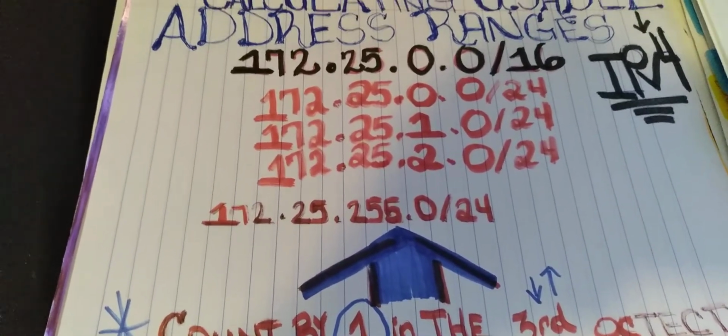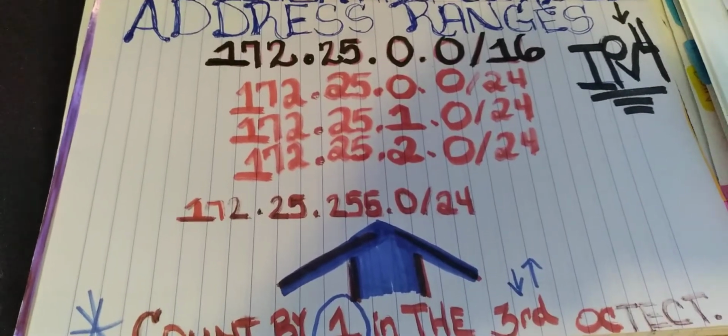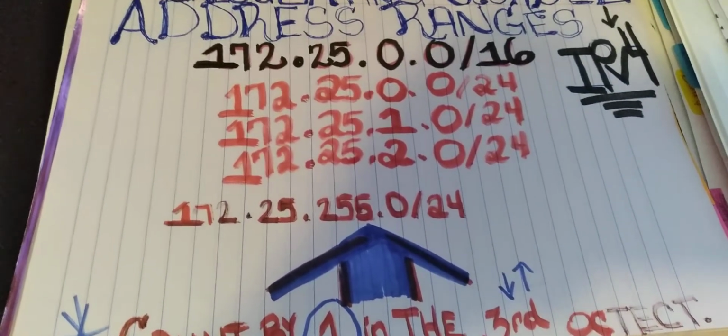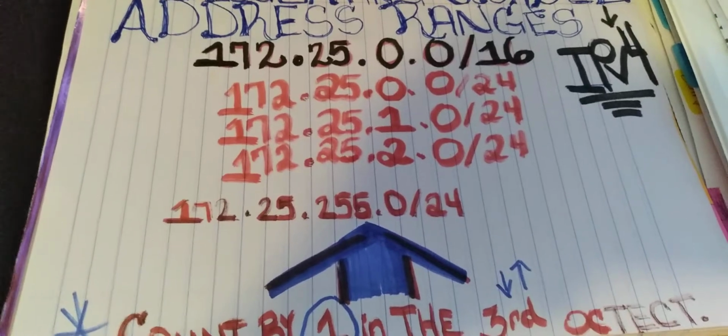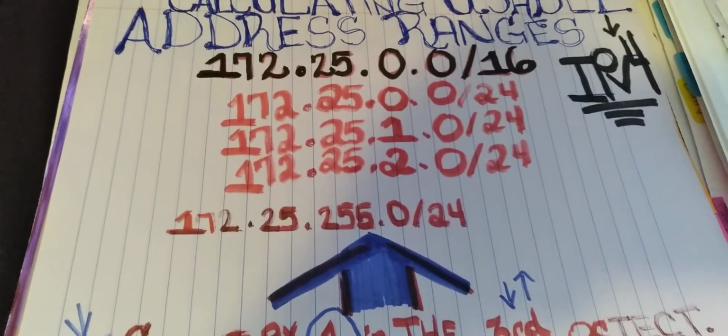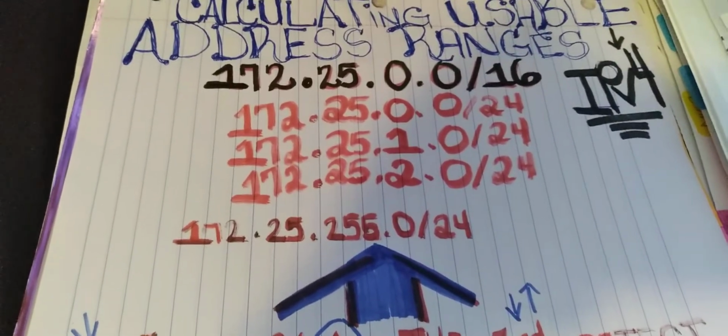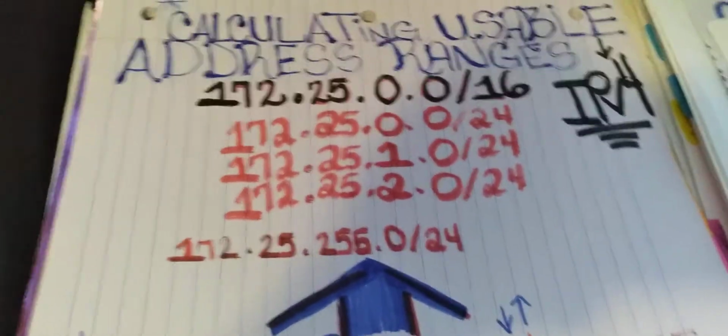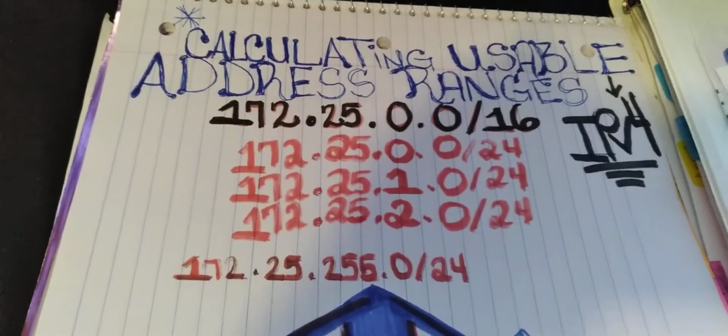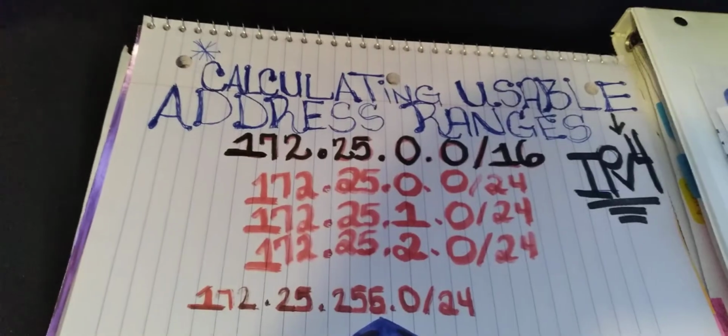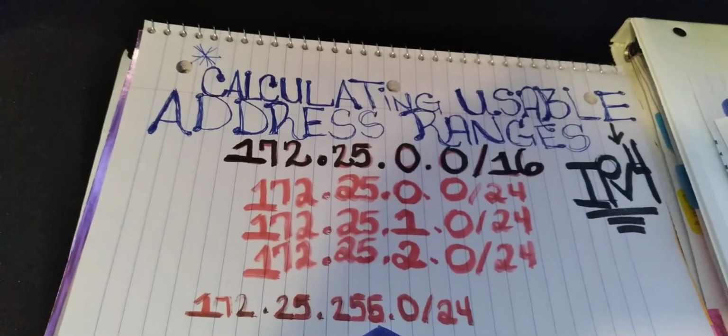So what do you do with this? What we're going to do next is something easy to visualize, and then a more challenging one. So what we're doing is simply counting by 1 in the third octet.